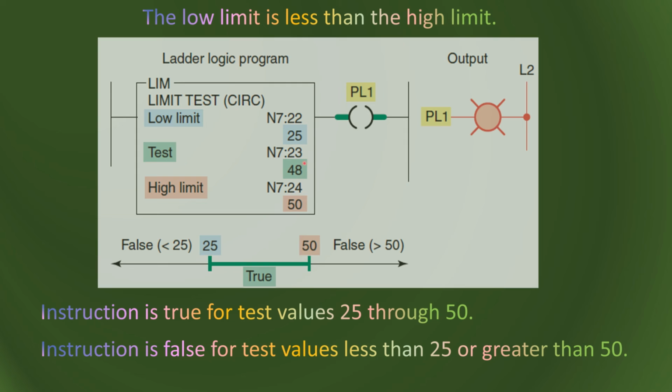So 48 is between the lower and the higher limit. This means it exists in this. So the rung will be true whenever any number between 25 to 50 is there. If it is less than 25 or greater than 50, the rung will be false.